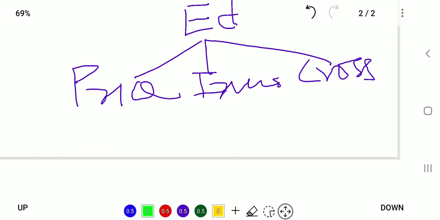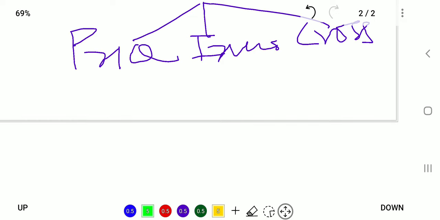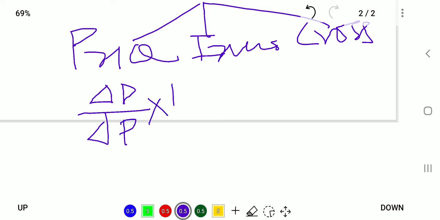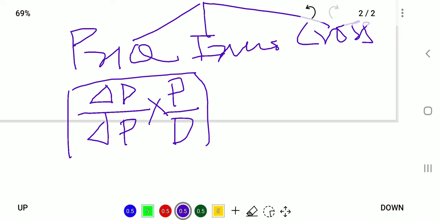In price elasticity, that is delta D by delta P multiplied by P by D, we look at the ratio between change in demand and change in price.